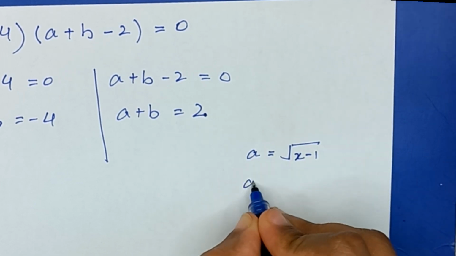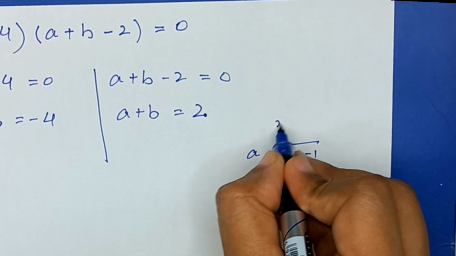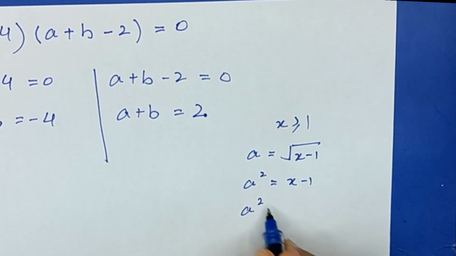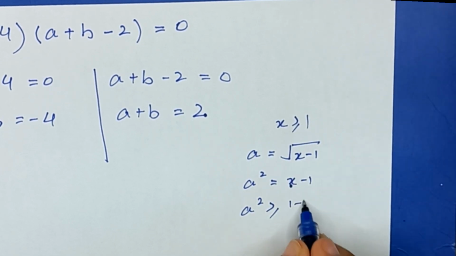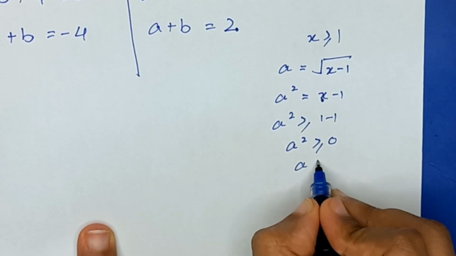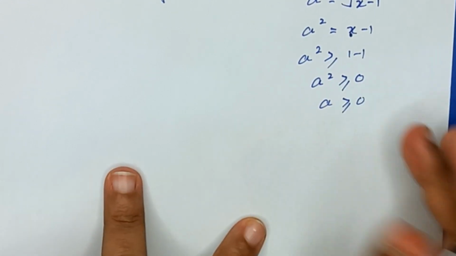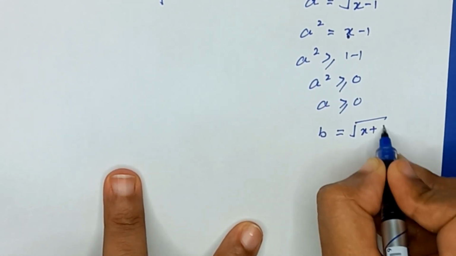So it means A square is equal to x minus 1. So if x is greater than or equal to 1, then A square should be greater than or equal to 1 minus 1, so A square should be greater than or equal to 0. So A will be greater than or equal to 0 when we apply square root. Similarly, B is equal to square root of x plus 1.